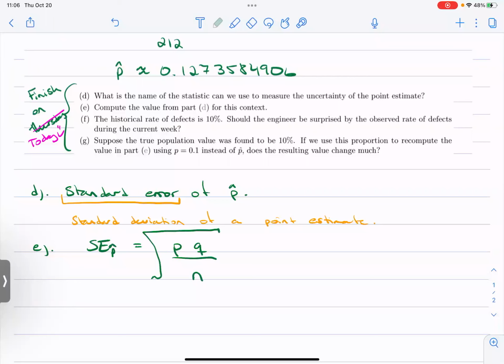So we replaced it with our next best thing. So then we're going to use p hat q hat.